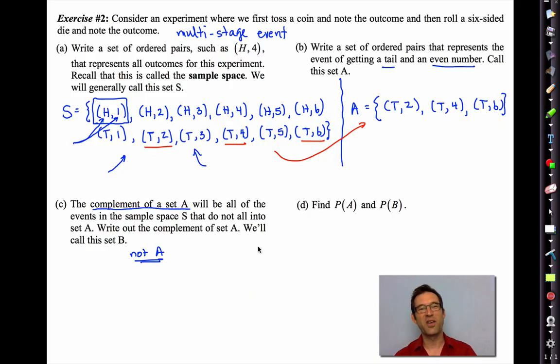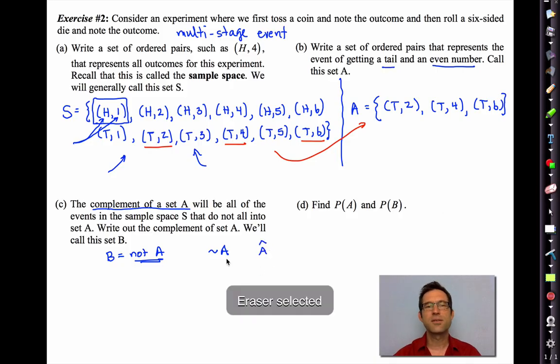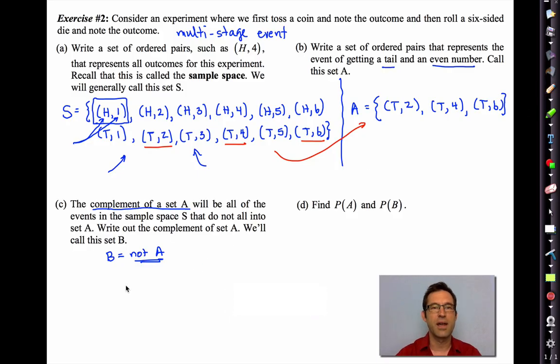It's a good way to call it. In this, we're actually going to call it set B, but sometimes they call it not A. Sometimes they'll have a little funny sign here. Since we're not really sure what any standardized test is going to do, we'll just call it the complement of set A. Now, we want to write it out.